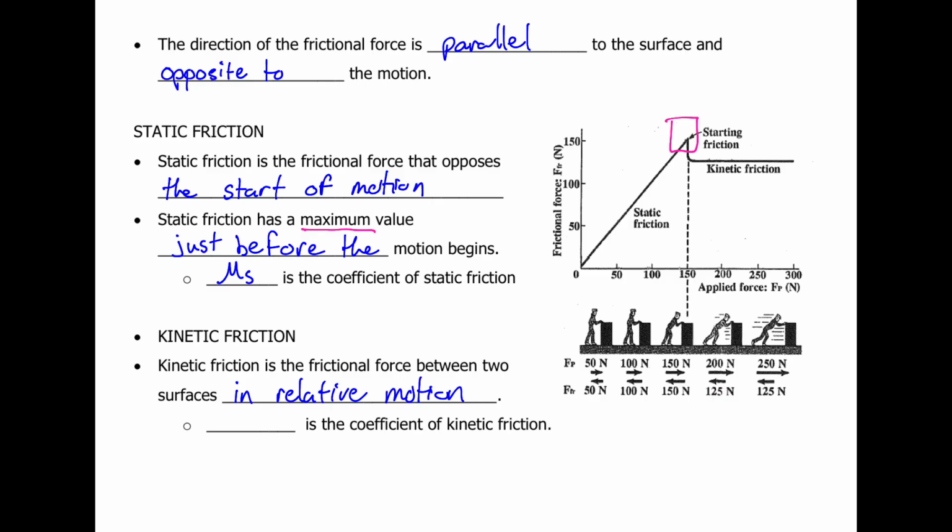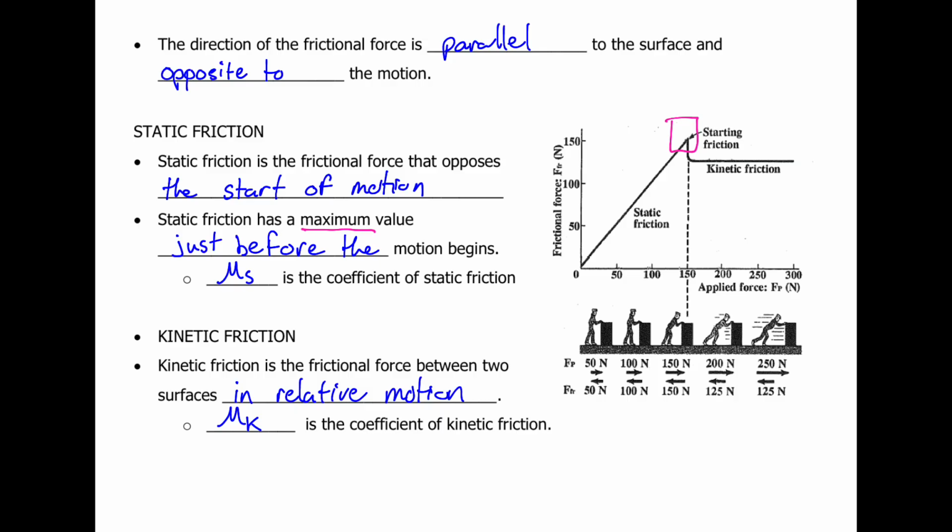My friction force is going to top out at 125 newtons for this particular object. So it's just going to stay the same. And more newtons applied just means more net force, making it accelerate more and more, in this case, to the right. And we use a little k at the bottom of this mu, a little k for kinetic. So that's all we're doing in this particular chunk.